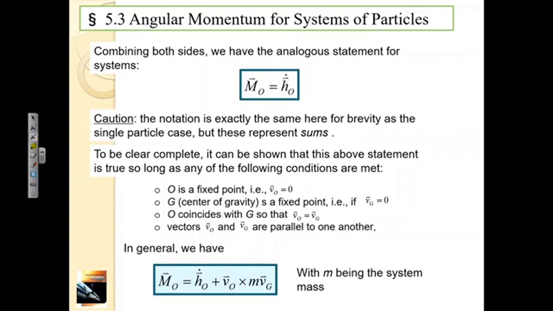I'm going to be a little more careful now. My v is my CG location. My r is from O to G, my origin point to my center of gravity. That's the point I'm taking my angular momentum about.